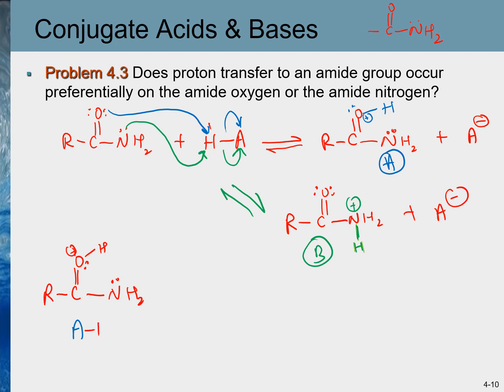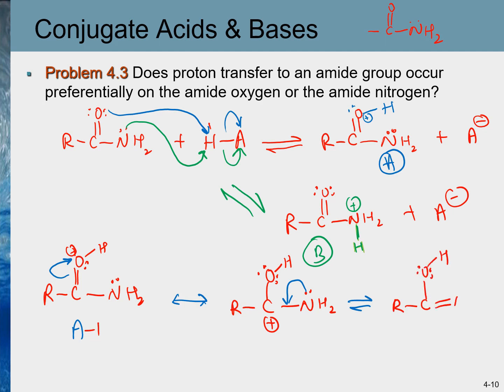So let's call this A1, and the next structure would be where carbon gets the positive charge, and then the third structure is the one where nitrogen gets the positive charge. So this would be A2 and this would be A3.